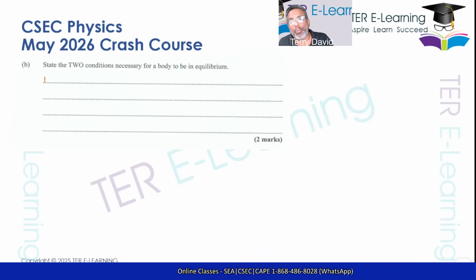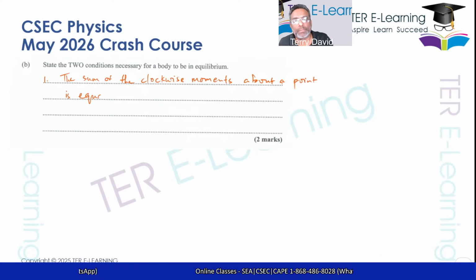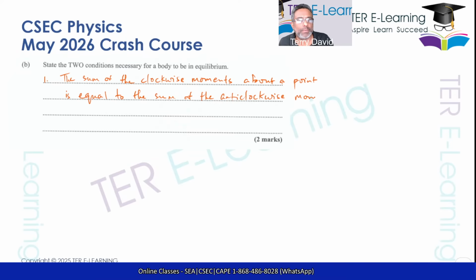So the two conditions are, one, we could apply the principle of moments here: the sum of the clockwise moments about a point is equal to the sum of the anti-clockwise moments about the same point.